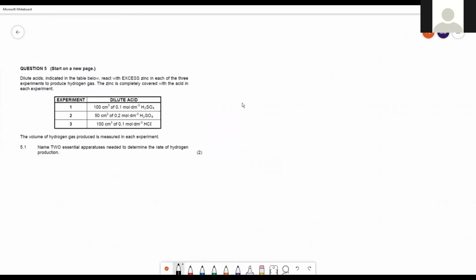And then I'll just redraw what the graph would have looked like.